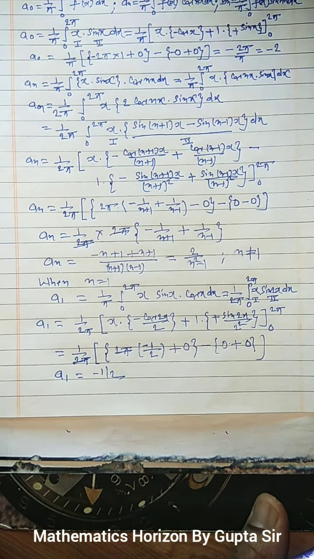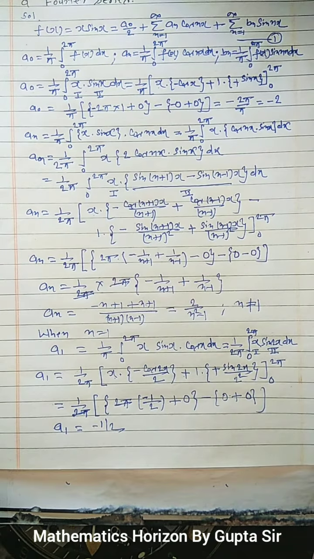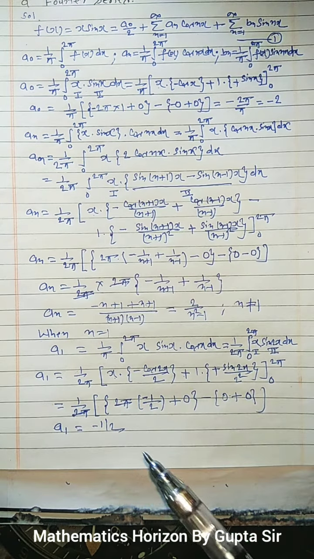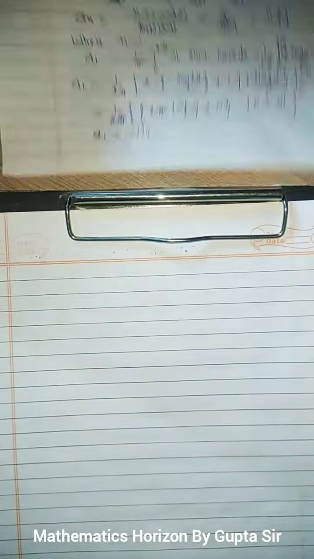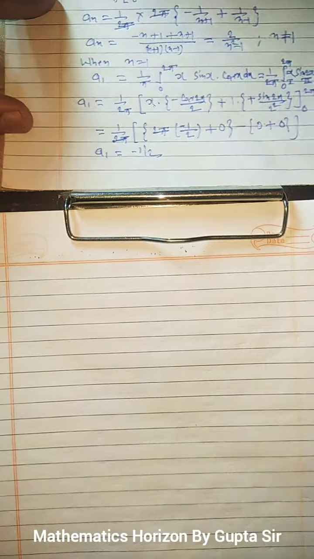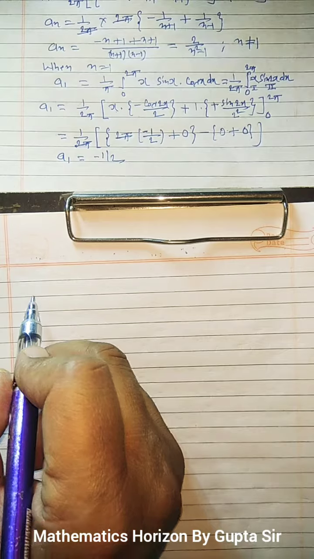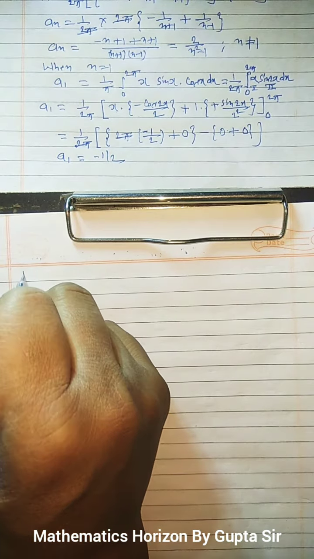Okay? Means here this series is not defined when n equal to 1. For n equal to 1, we have to find out all terms, means next we find out b n, and also for n equal to 1, that is b1. Now what is the formula for b n?